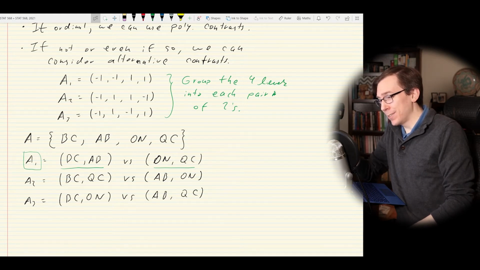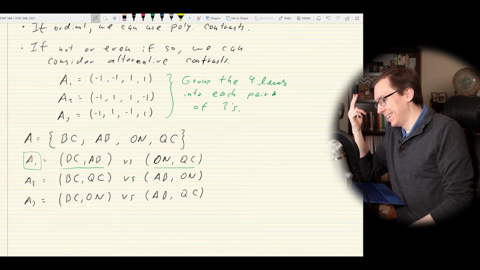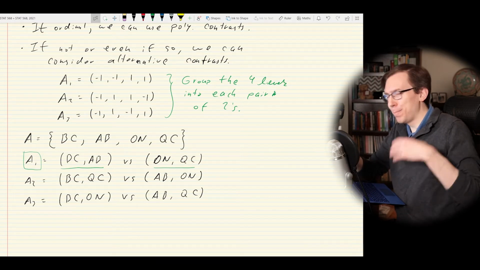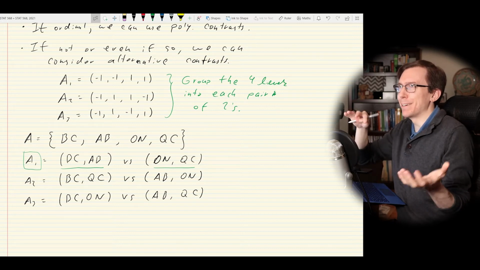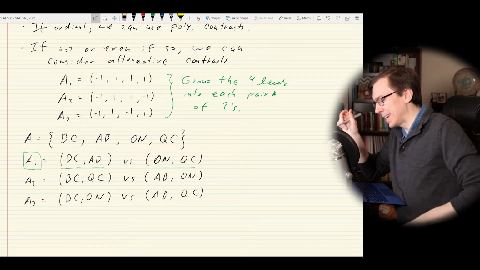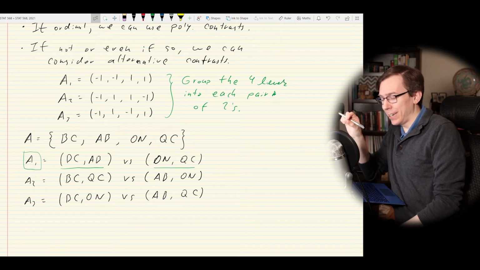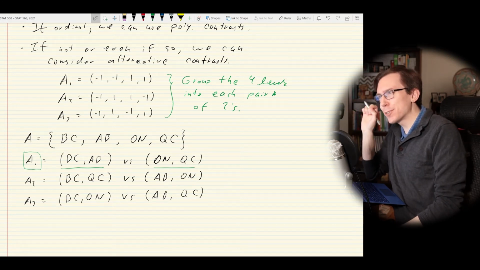If you have an interaction between 2 4-level factors, you now have 9 degrees of freedom, which would correspond to 9 different contrasts. You could imagine contrasting all possible pairings of pairings, which would be a real mess to write down, but at least it gives you something interpretable.